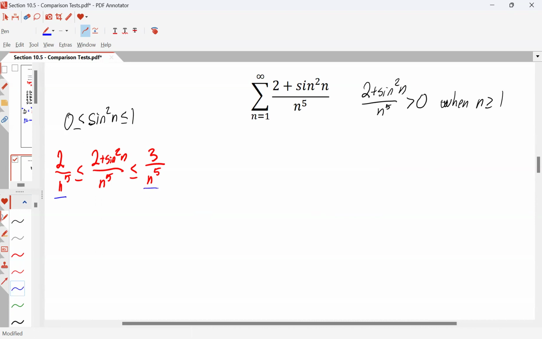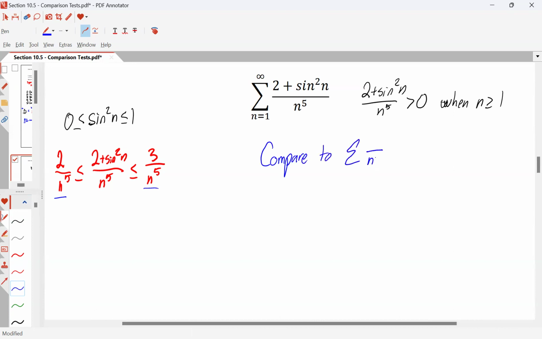We could be comparing to the 2 over n to the fifth series, or we could be comparing to the 3 over n to the fifth series. However, I'm just going to look at the n to the fifth part to help us figure out which one we want to pick. So we're comparing to a series.